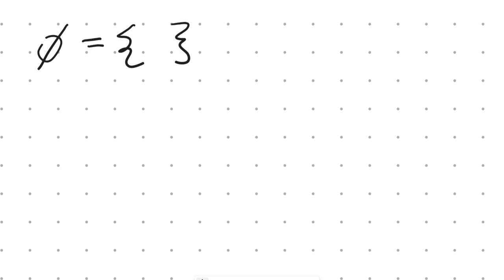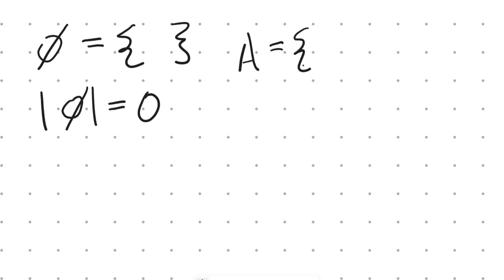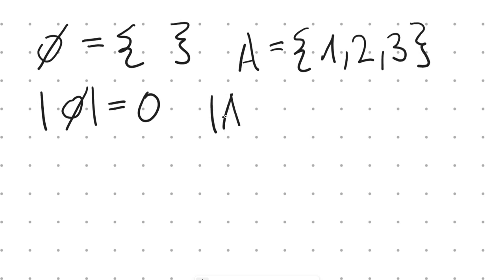If we look at the cardinality of the empty set, then it will be 0 since there are no objects inside. If we look at the set A, let's take, for example, {1, 2, 3}, then the cardinality of A is equal to 3 since there are 3 objects in the set A.